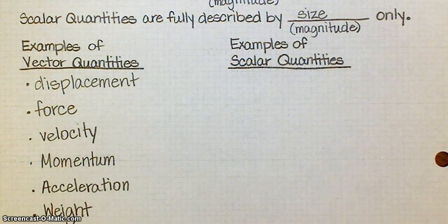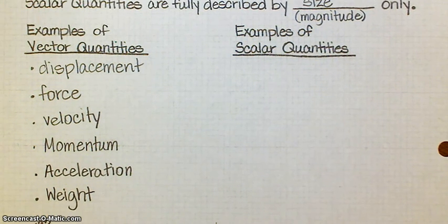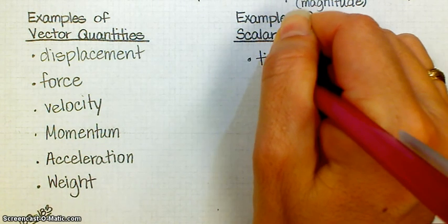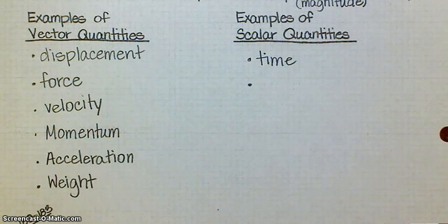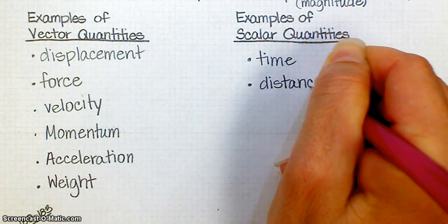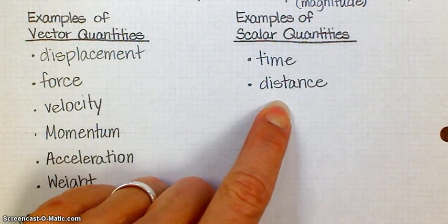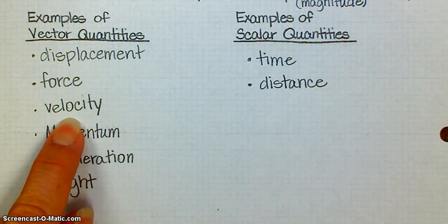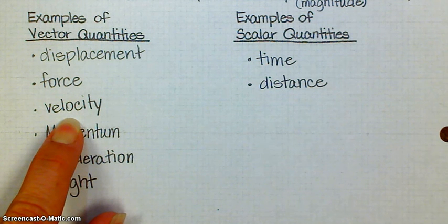Okay, so those are vector quantities. Give me some examples. Try to think of some things that are scalar quantities that don't have to have a direction. Time. Very good. Good job. Other things that don't have to have a direction. Distance. Good, because is there a difference between distance and displacement? Yes. Distance in a certain direction is displacement. Kind of like velocity.